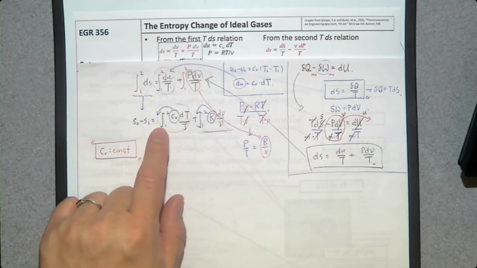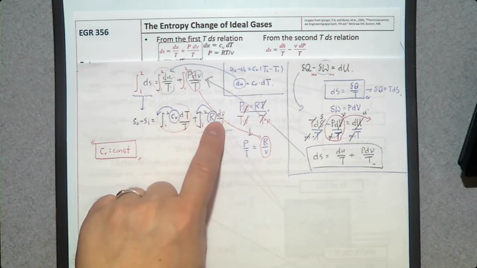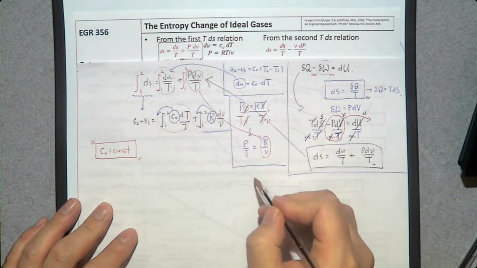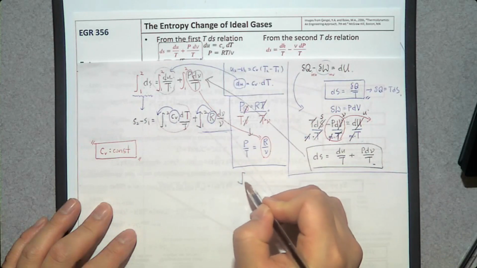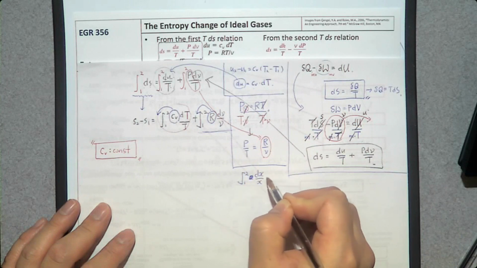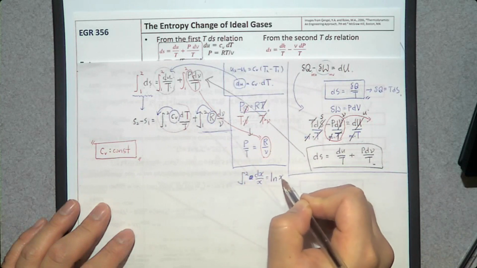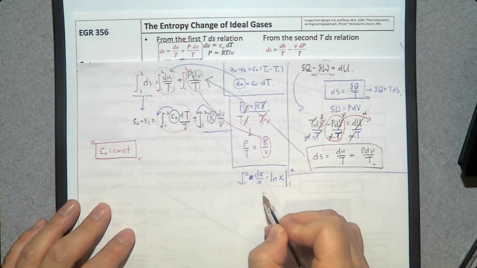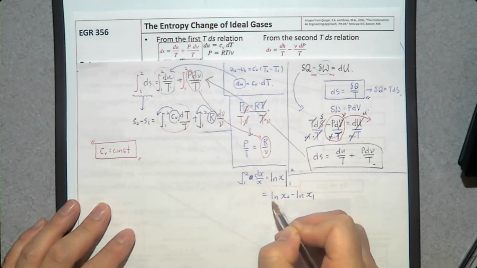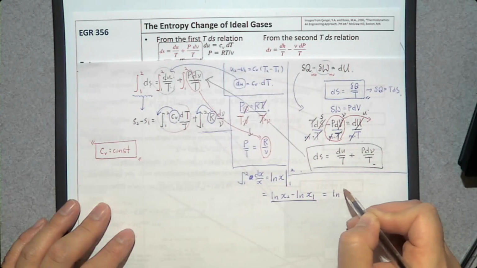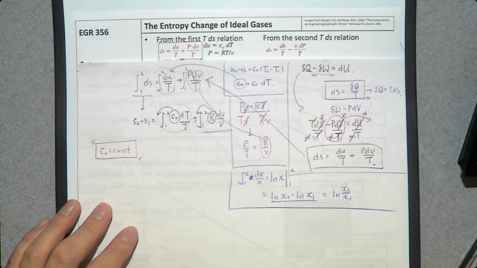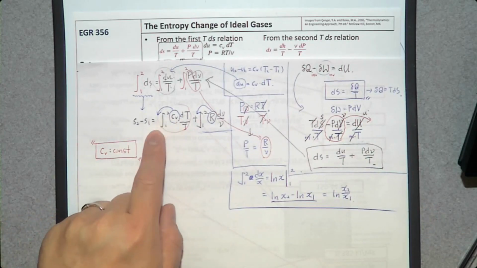So now, can you integrate the integral of dT over T or dV over V? Yes, we can. If you don't remember, the integral from 1 to 2 of dx over x is natural log x from 1 to 2, which is natural log x2 minus natural log x1. Then you can combine these two: natural log x2 over x1. Similarly, we have a CV in front.